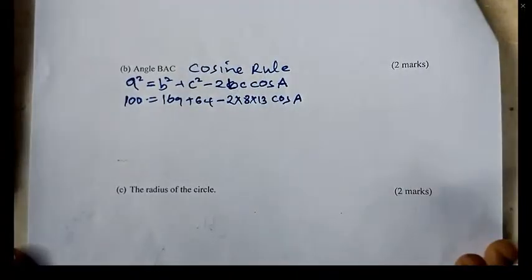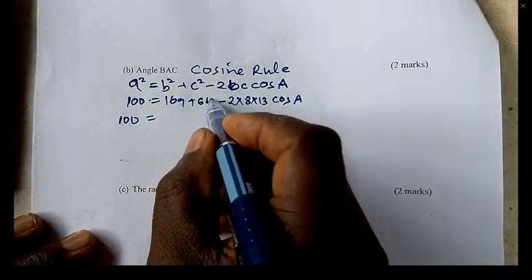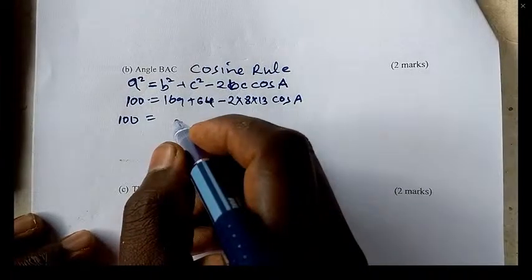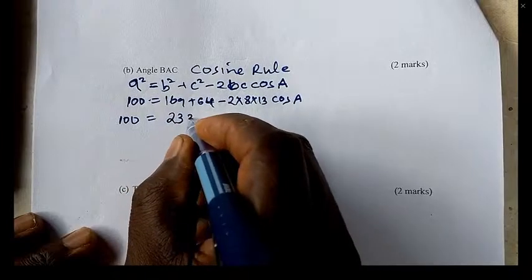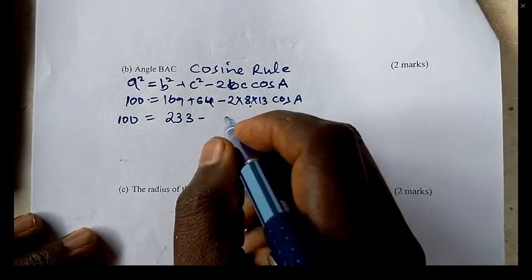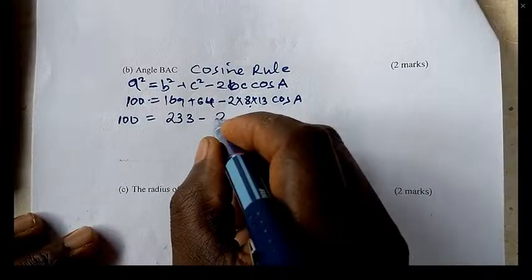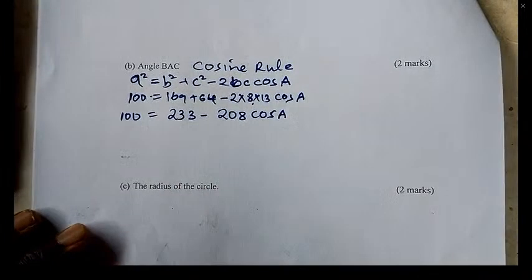So 100 is equal to 169 plus 64, itaenda kutupea 233 minus this times this itatupea 208 cos A. So let us like terms together.